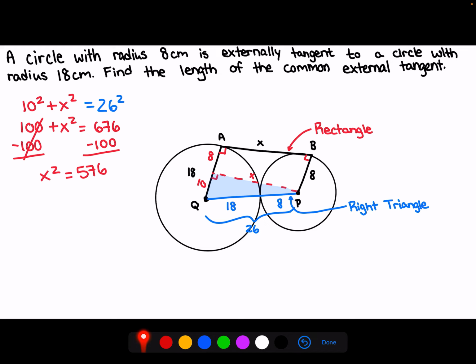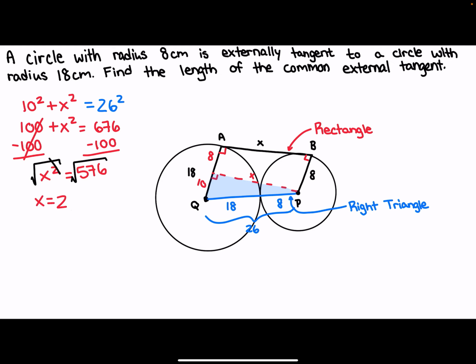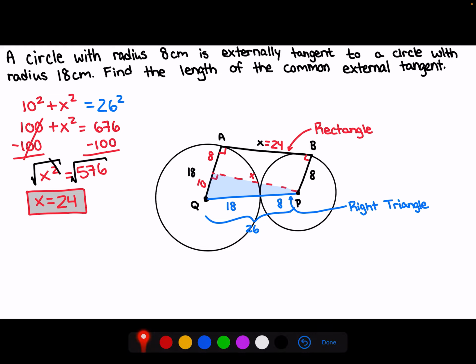Subtracting 100 from both sides will give me x squared equals 576. From here, I'll take the square root of both sides of my equation to solve for x, give me x equals 24. Well, if x is 24, that means that our external tangent is 24. Therefore, we've actually found the length of the common external tangent as a result.